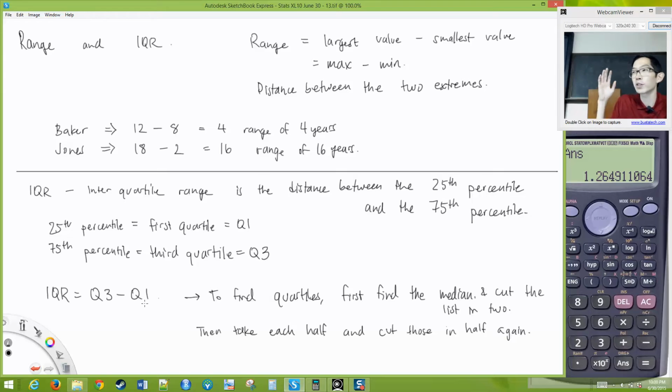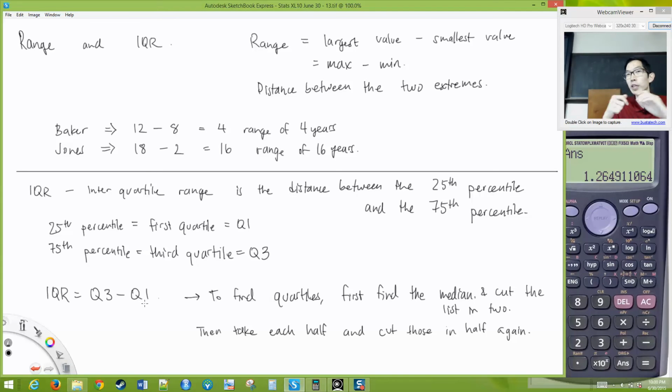The IQR is the difference between the 25th percentile, the lower performing ones, and the 75th percentile, the upper performing ones. Say there's an IQR of 0.3, meaning the difference between the 75th percentile GPA and the 25th percentile GPA is only 0.3. That gives you an idea that there's kind of a tight race.